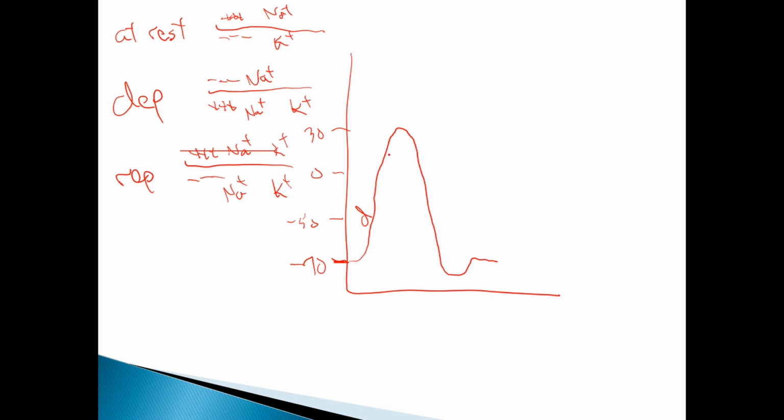Sodium rushes into the cell, getting more and more positive. Then they close. Potassium gates open. Potassium rushes out of the cell. The potassium gates are slow to close, so we have this hyperpolarization, right? It's going below 70. And then we get back up to 70, and that's from the sodium-potassium pump.